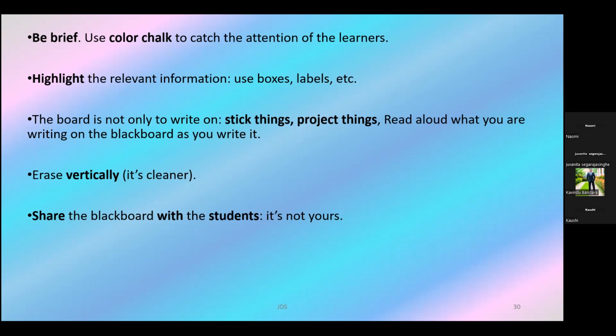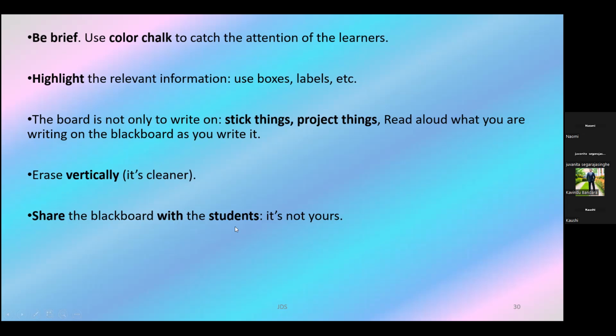Always make sure that it's erased vertically so that the dust will fall down. Now, if we are using the marker, this is not a problem at all. Whether you erase it vertically or horizontally, it makes no difference. There is no dust involved in it.